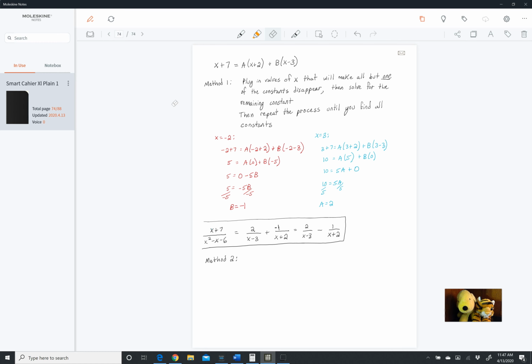So what the second method does is it says, okay, distribute, and then rearrange your terms in standard form.